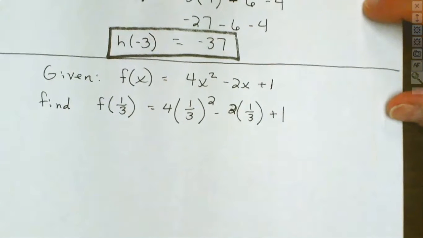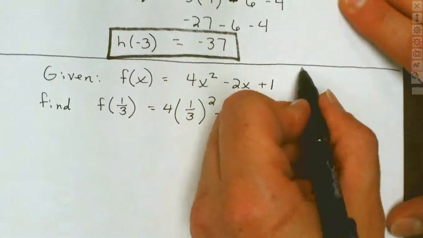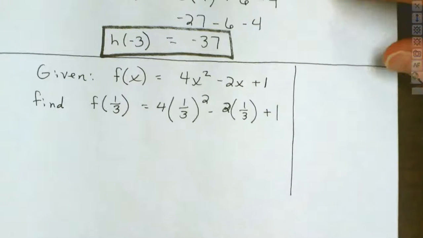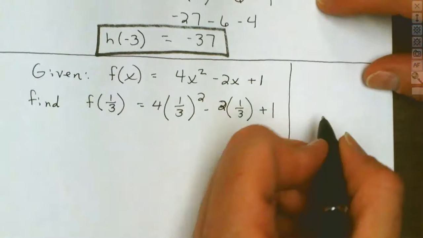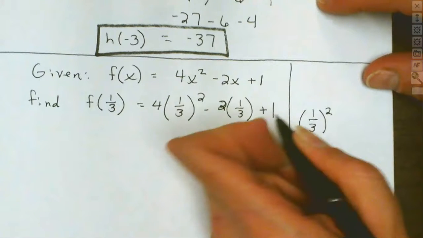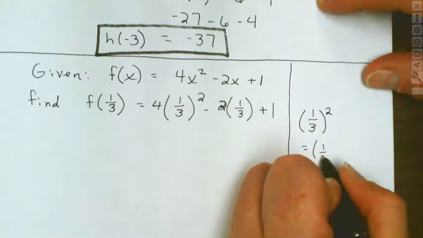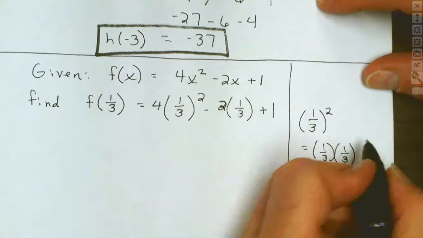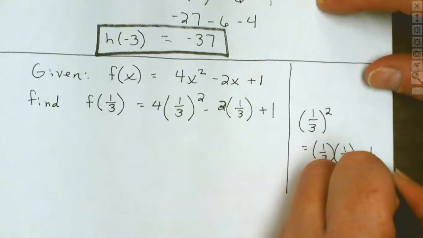Now, how do we square fractions? Well, if we forgot how to square a fraction, we just simply write it out and multiply. So 1/3 quantity squared would be a third times a third, which is then 1/9.